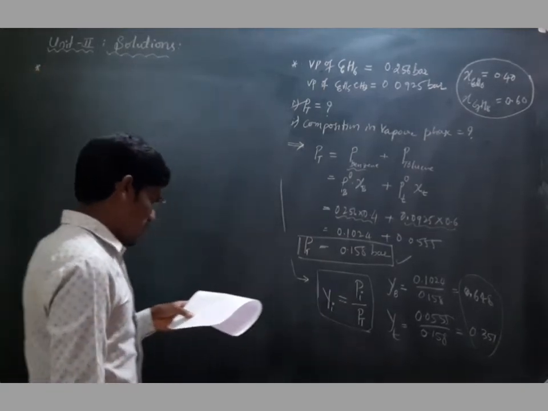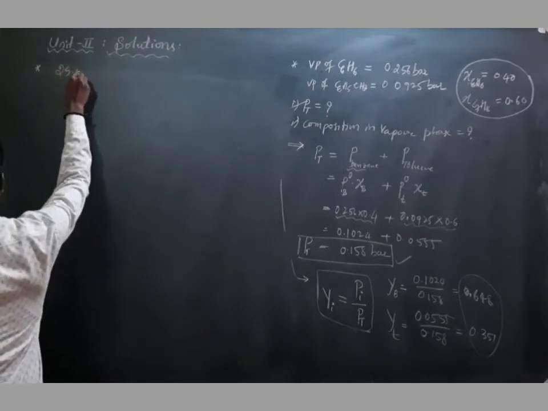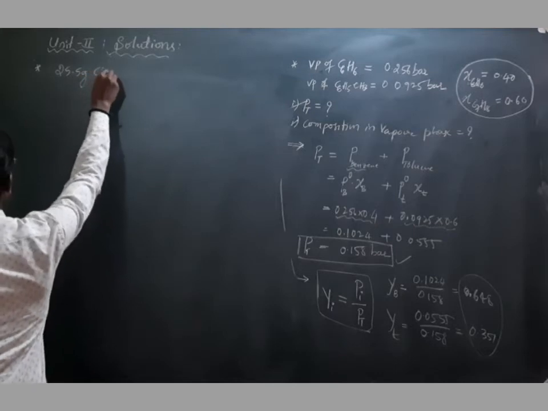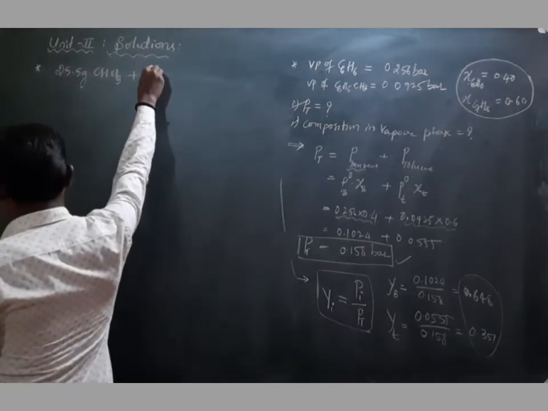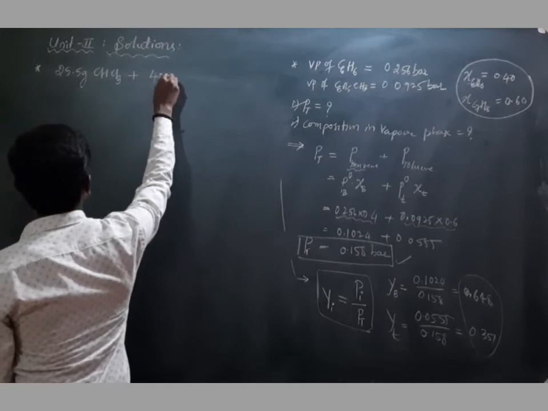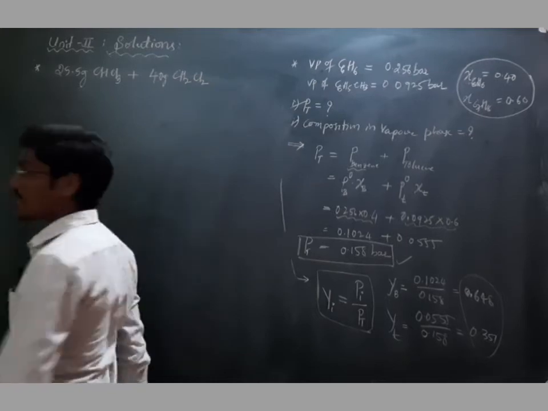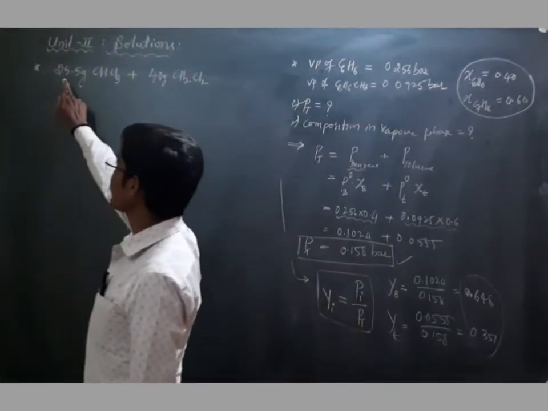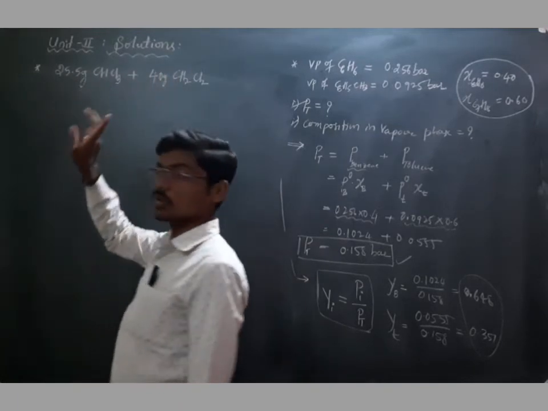A solution is prepared by mixing 25.5 gram of chloroform, CHCl3, and 40 gram of dichloromethane, CH2Cl2.